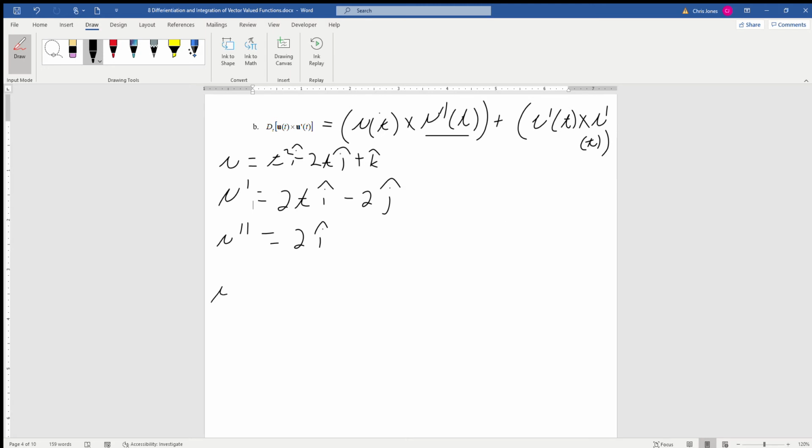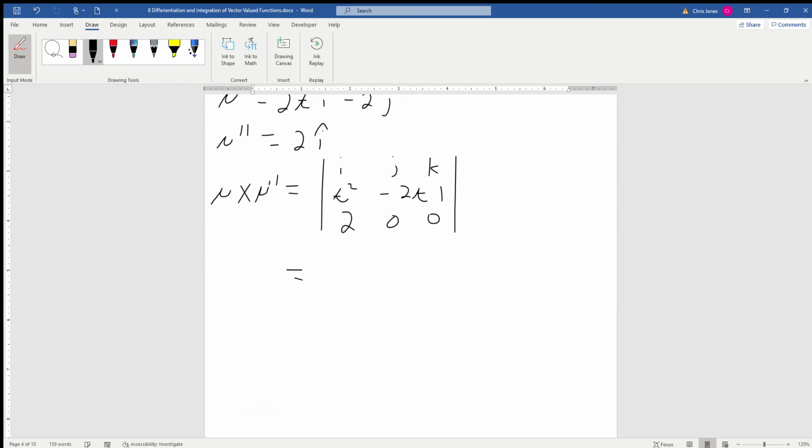So we're going to first find u cross u double prime. And since we've done this a number of times, this shouldn't be too difficult. We're just going to take our coefficients of i, j, k: t squared, minus 2t, and 1, and then 2, 0, 0. If we go through and compute, the i component's easy.